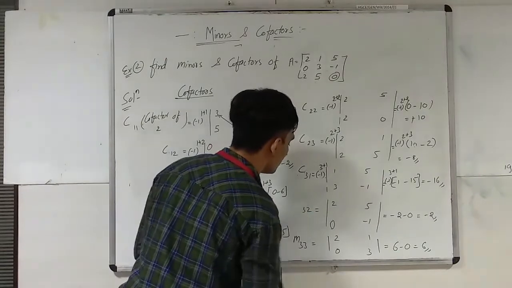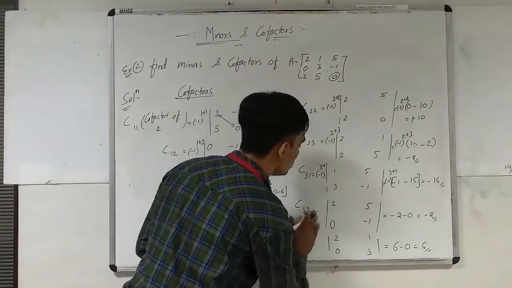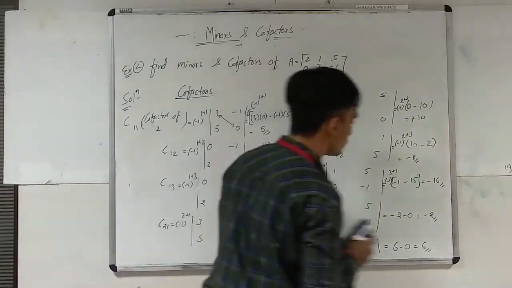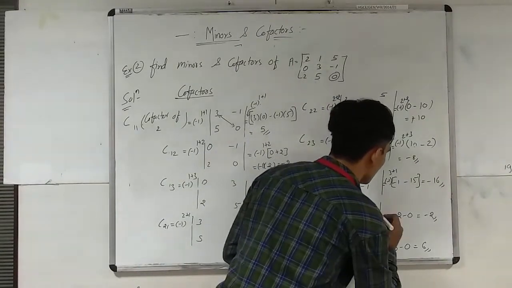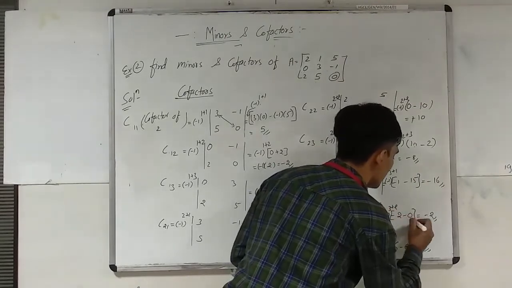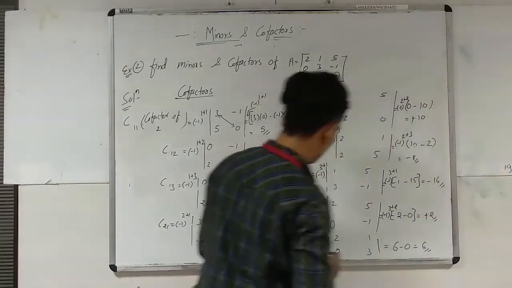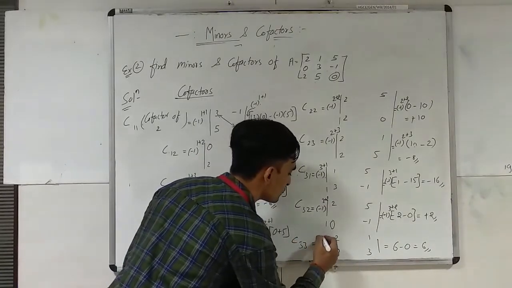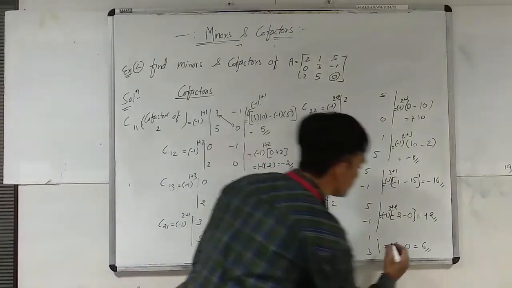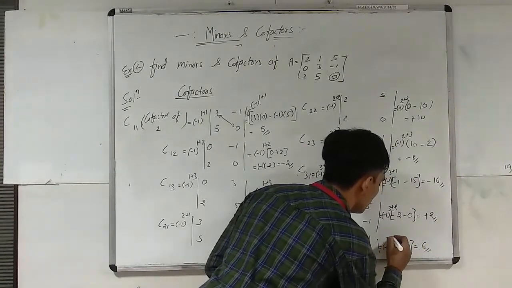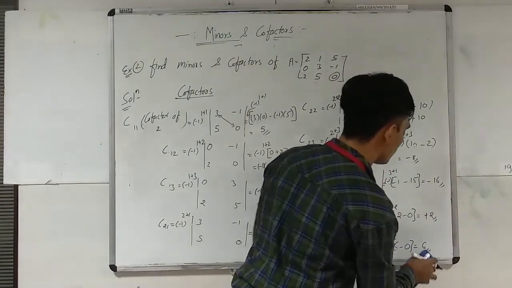Same way, C32 is minus 1 power 3 plus 2 into the bracket, so it is plus 2. Same way, C33 is minus 1 power 3 plus 3, so it is plus 6.